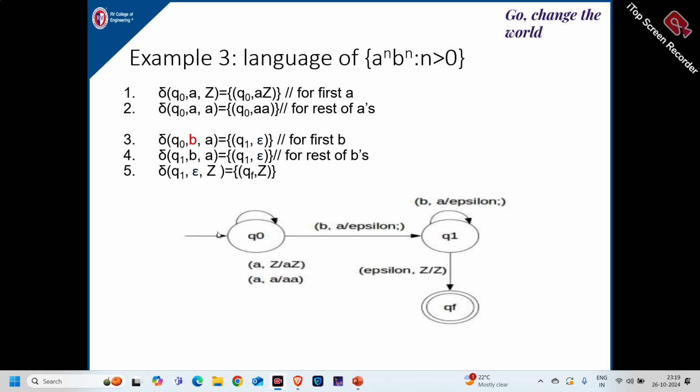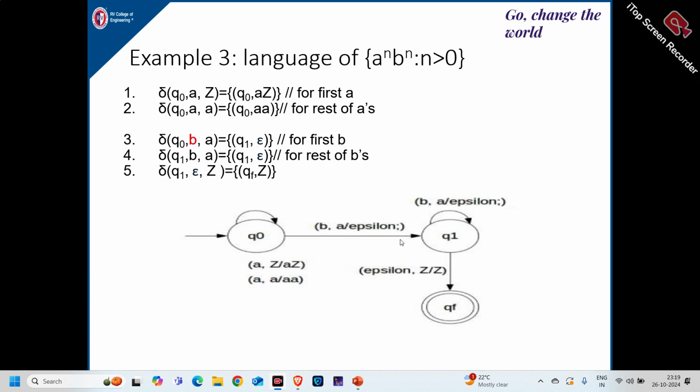Initially I am in the state q0. So for a and top stack symbol Z, I will be pushing a. So my delta is a, Z, and I will have aZ. This is for the rest of the a's, a.